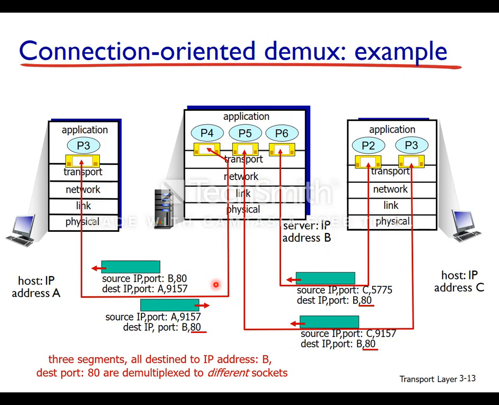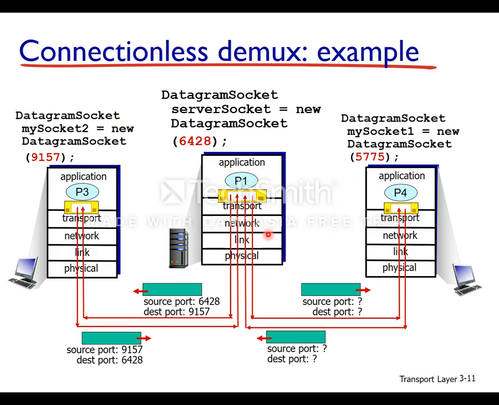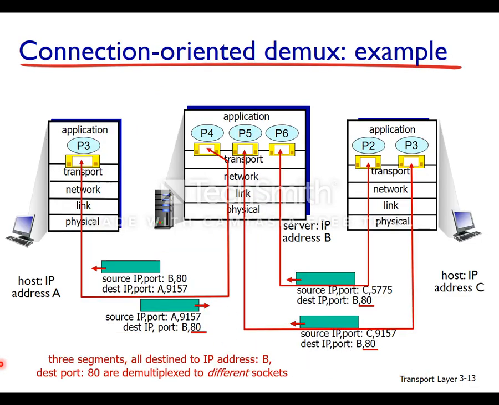They're demultiplexed to different sockets, which, if you might recall, is quite different from what we saw when we were doing UDP, where we had all of the segments going to the same port because they had the same destination port number, 6428. Yes, they're all going to port 80 and destination IP B, but they're going to different sockets, because they have different source IPs and source port numbers.